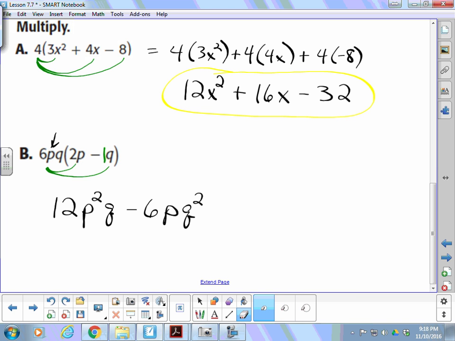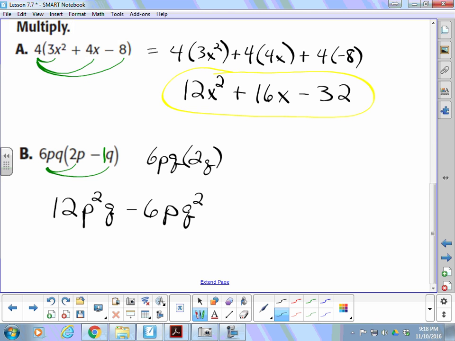So when you're multiplying a monomial times a polynomial, we use the distributive property. We multiply what's on the outside by each thing on the inside. Which means in this case, what I actually did was 6pq times 2q plus 6pq times negative q.